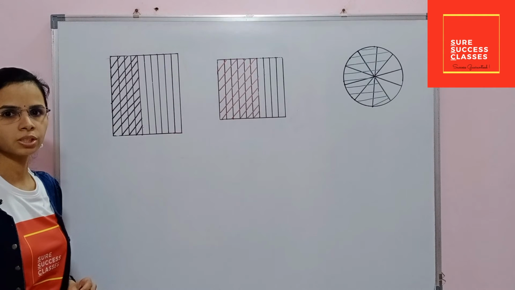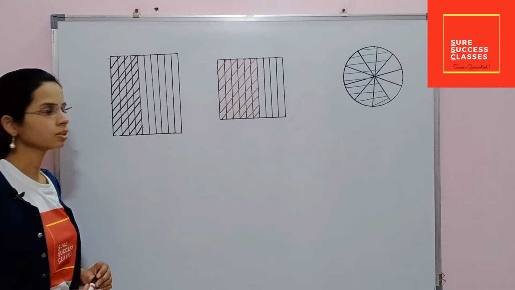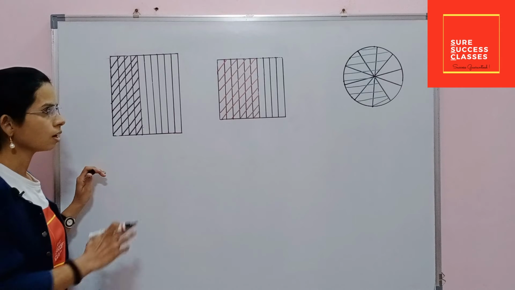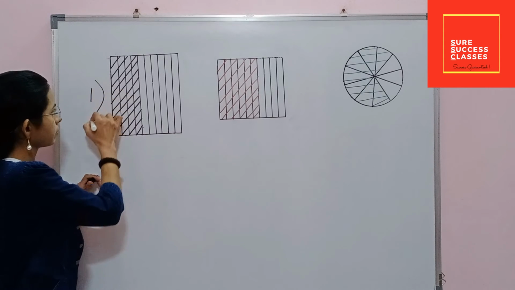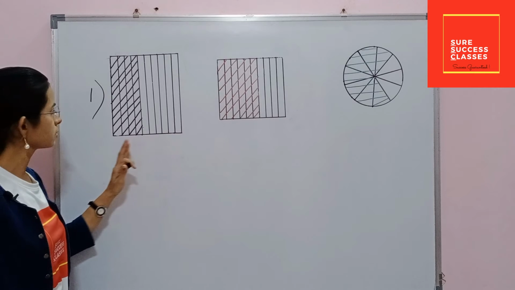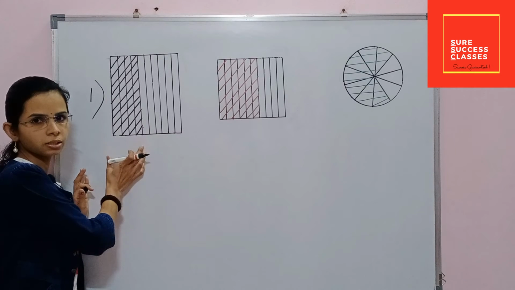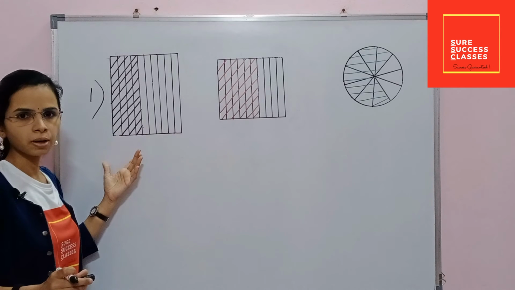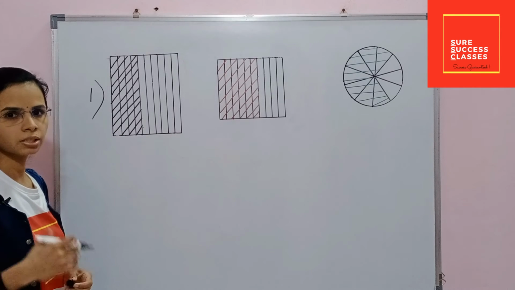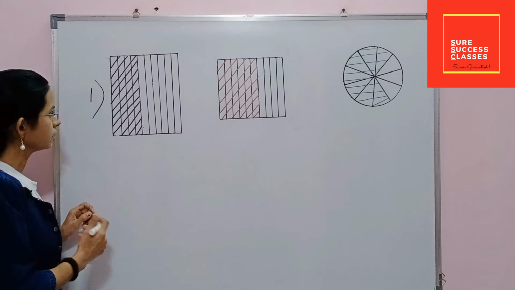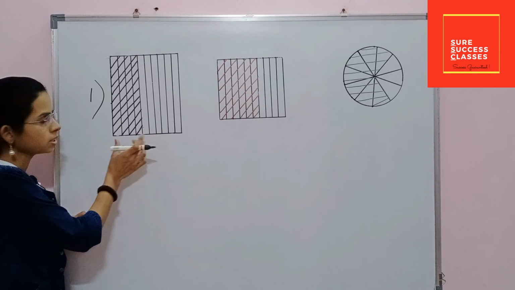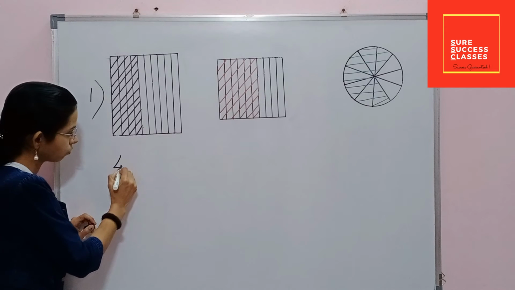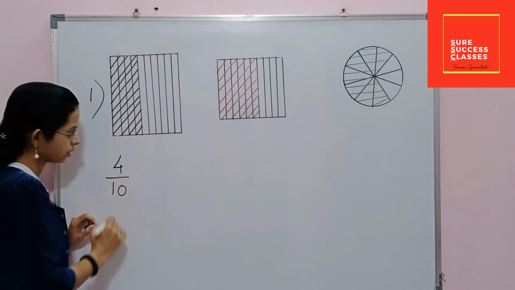Friends, let's solve some questions on decimal. Here these shapes are divided into 10 equal parts, and in the first, out of 10 equal parts 4 parts are considered, and here we have to write the fraction for this considered part and that fraction's decimal form. So let's start. Out of 10 equal parts 4 parts are considered, so the fraction will be 4 by 10.